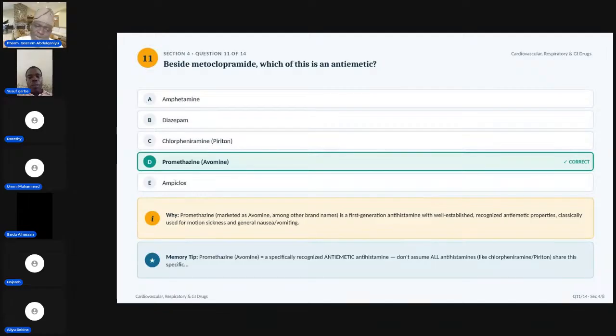If I'm going to twist this question, I could say the following are antiemetic drugs, and I'll put metoclopramide as option A, promethazine as option B, and then C and D, and I'll put none of the above, all of the above. So all of the above will become the answer because the two of them are antiemetic drugs. Are we clear now?